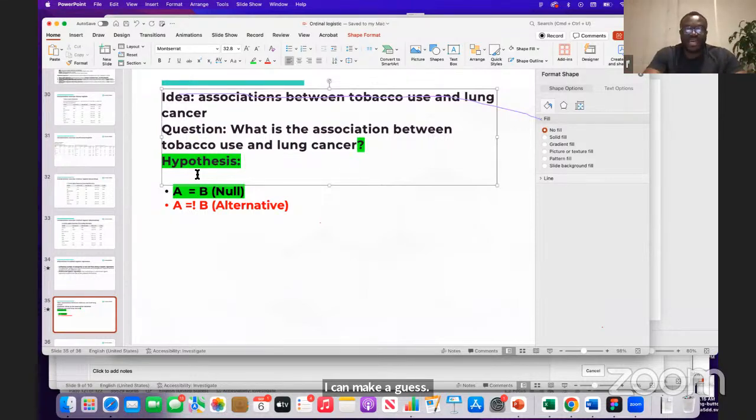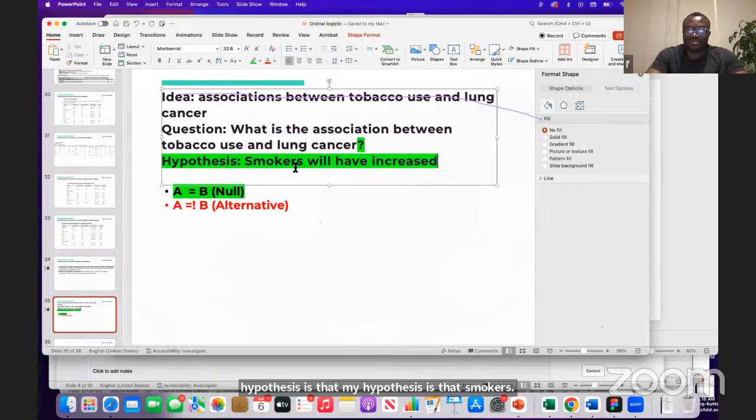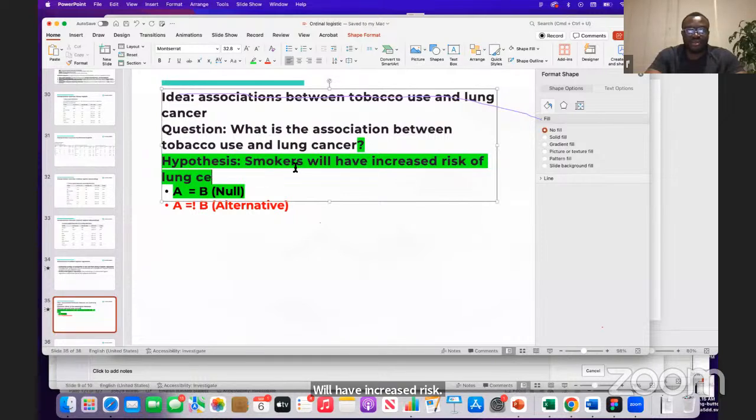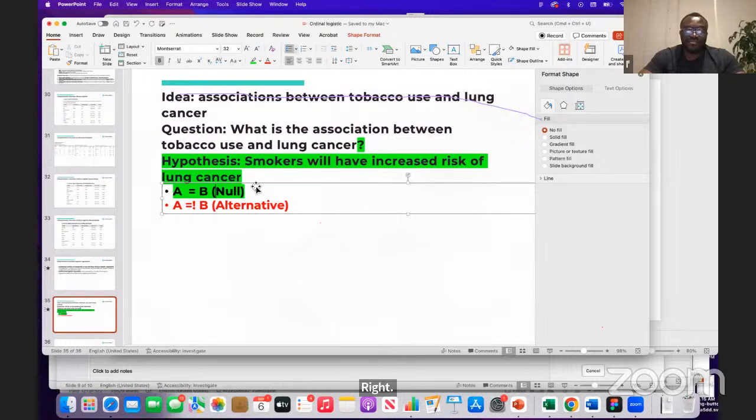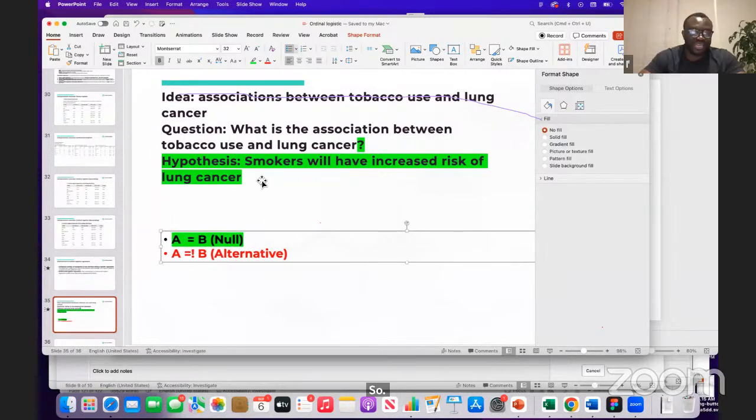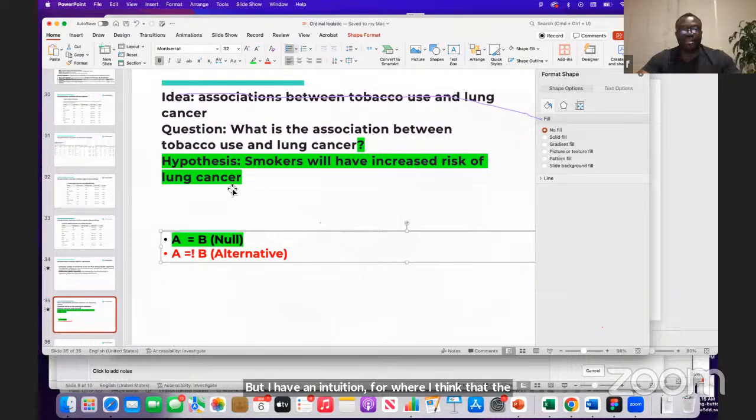So my hypothesis is that smokers will have increased risk of lung cancer. This is, again, my own guess. I've not done the study yet, but I have an intuition for where I think the results would go. This is my hypothesis.